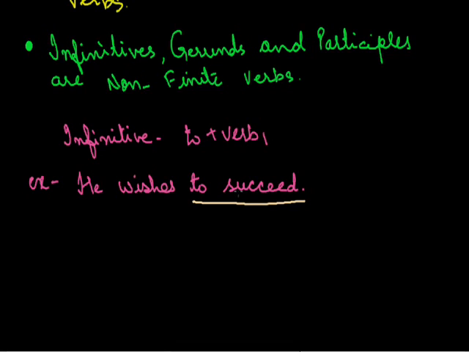It simply names the action denoted by the verb succeed. It is therefore a non-finite verb or simply an infinitive. This is 'to' plus verb 1 and it doesn't have a subject also. So it is a non-finite verb.